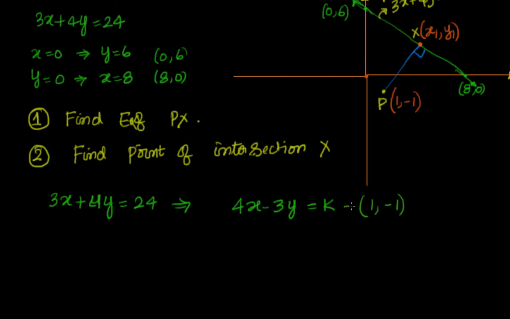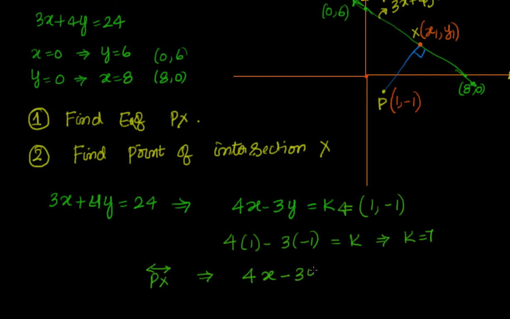So if you substitute, 4 into 1 minus 3 into minus 1 equal to k, or k equal to 7. So that gives me the equation of the line PX as 4x minus 3y equal to 7.